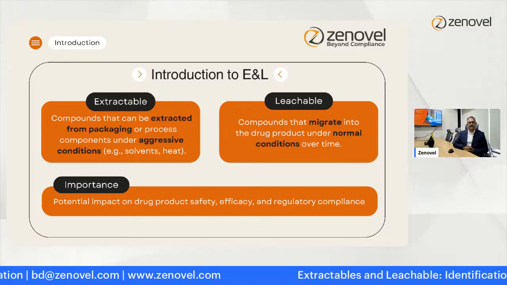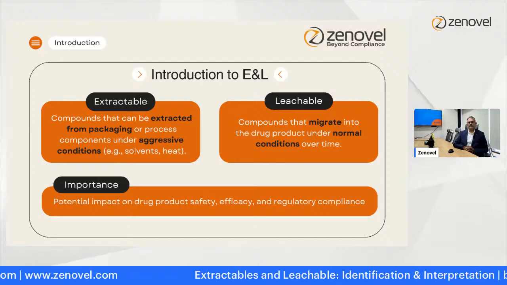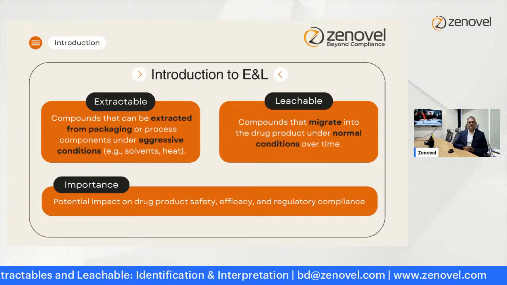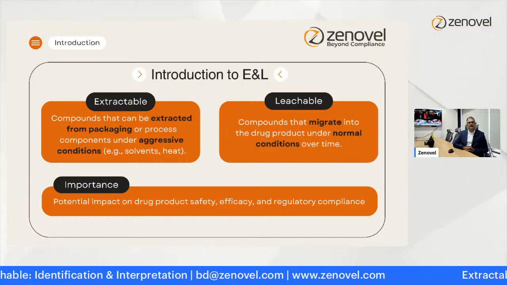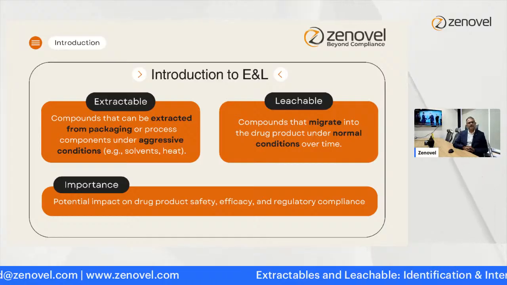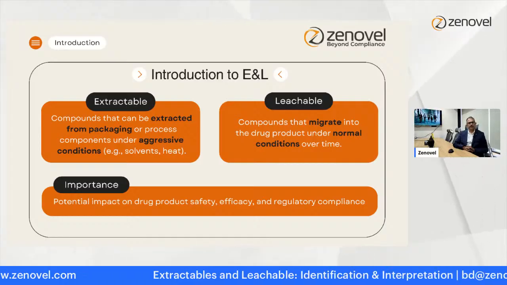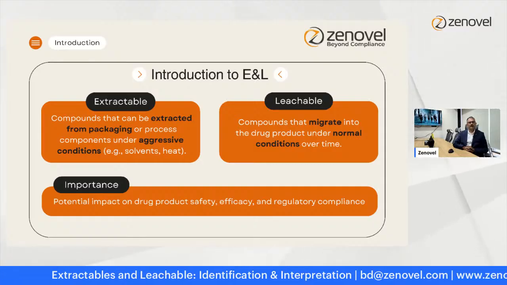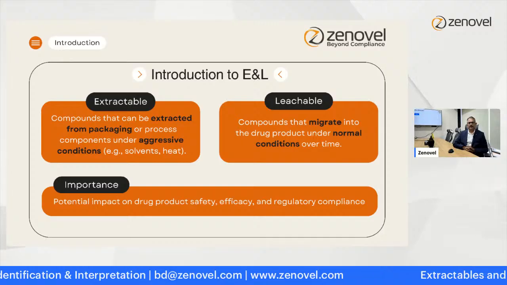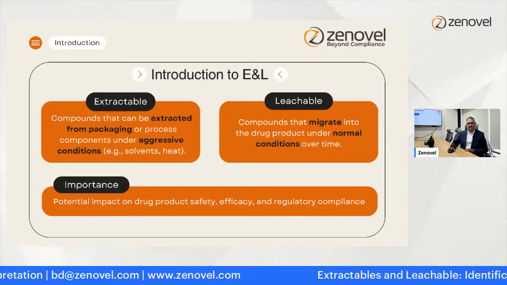Compounds that migrate into the drug product under normal conditions over time can be identified as leachables. The important part is why we have to perform this study: extractables and leachables have a potential impact on drug product safety and efficacy, and they also impact regulatory compliance. So that's why it's very important to evaluate.